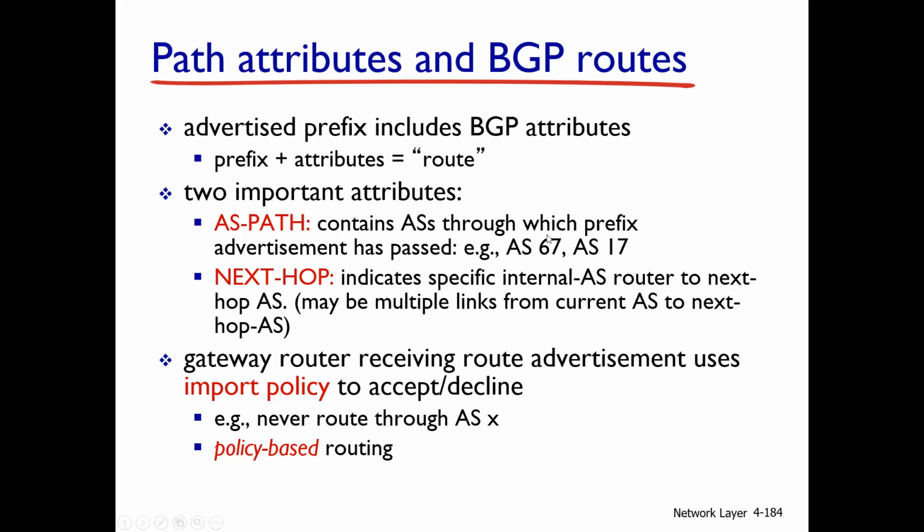For example, AS67, AS117, and so on. These are AS numbers. And then you have the next hop, which indicates the IP address of the specific internal AS router to the next hop AS. So this router's address is the next hop that is indicated over here.